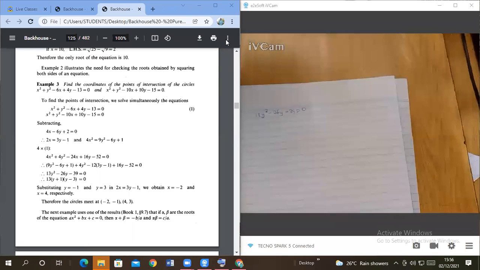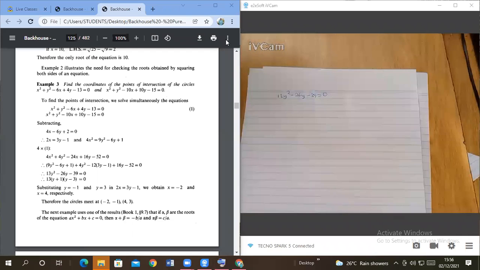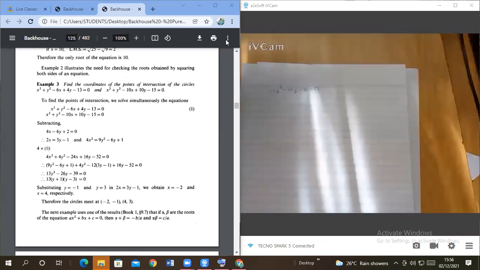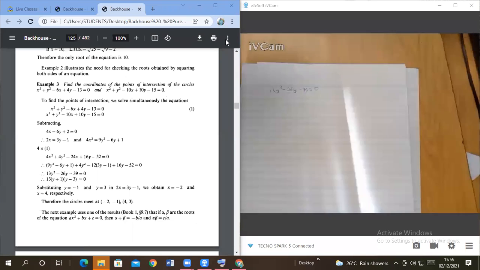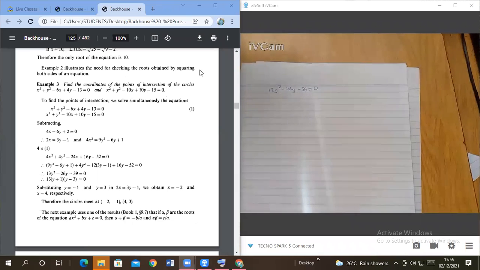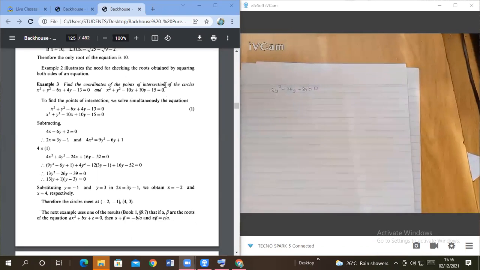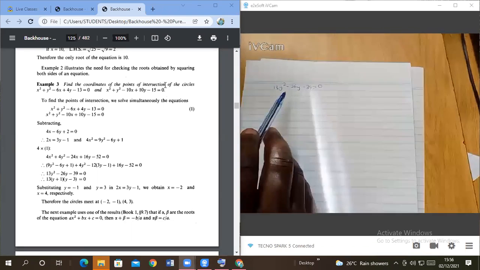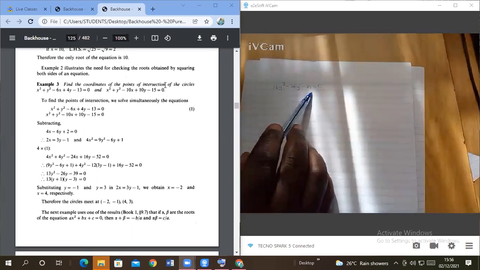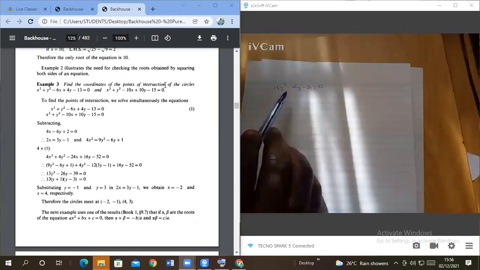What can we do at this level? So we reduce by 13.